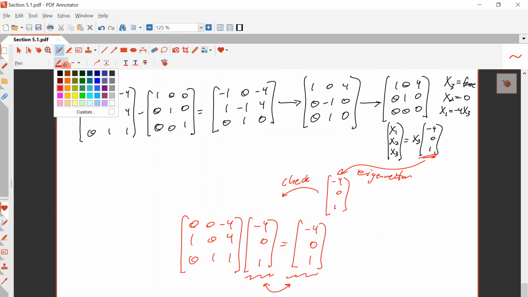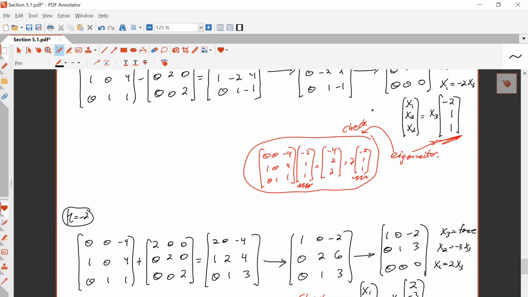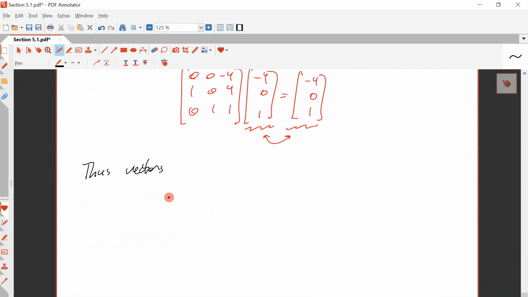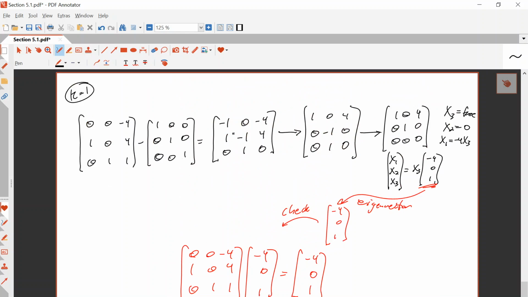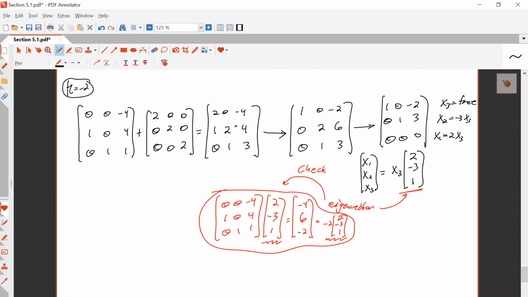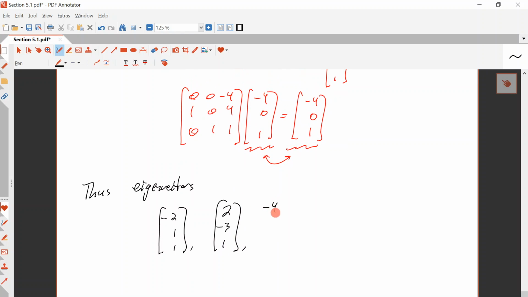Okay, so the three eigenvectors that we got, so what were they? Minus 2, 1, 1. 2, negative 3, 1. And minus 4, 0, 1.